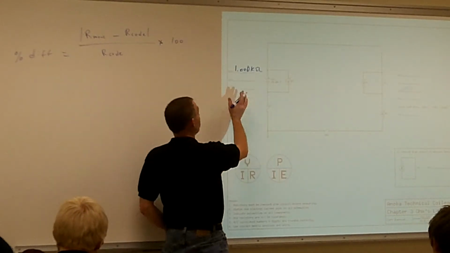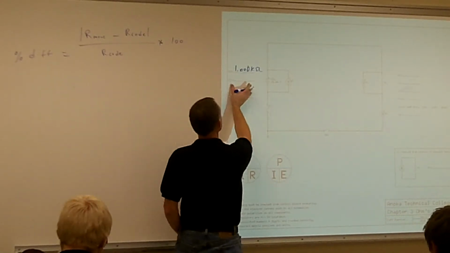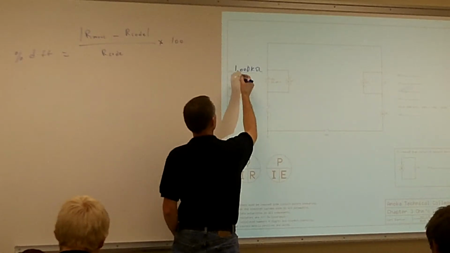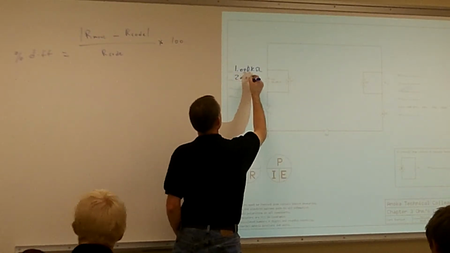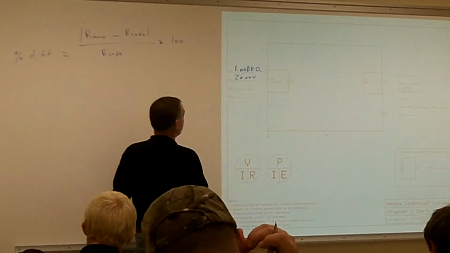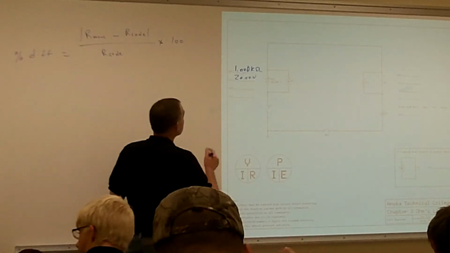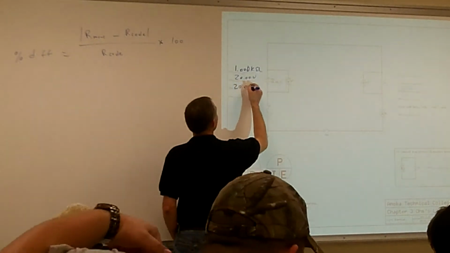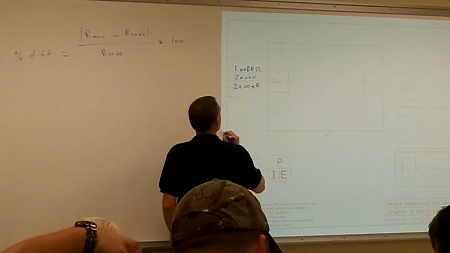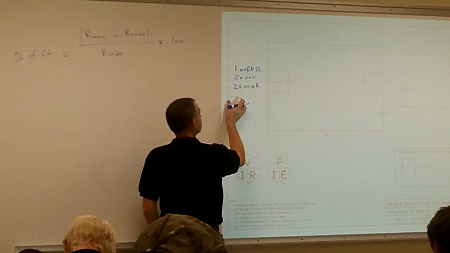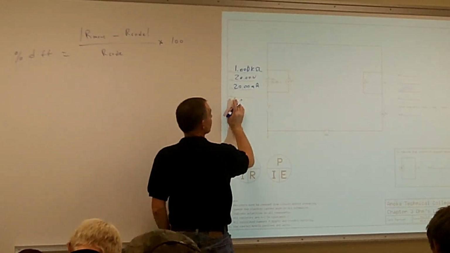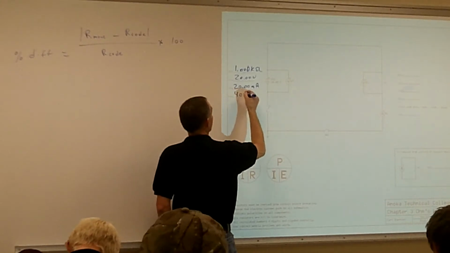Alright, my voltage total we know is 20 volts. And my current total is what? 20 milliamps. And my power total is what? 400 milliwatts.